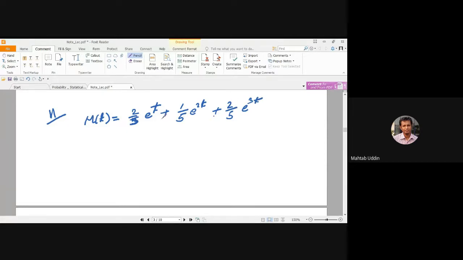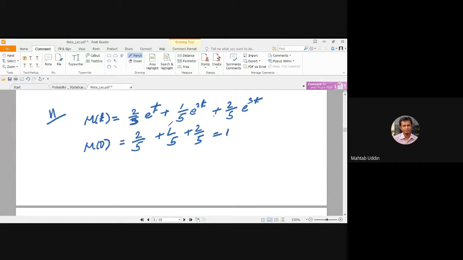First we'll check whether it is a moment generating function or not. So we'll check M of 0. If you take M of 0, 2 by 5 plus 1 by 5 plus 2 by 5, definitely 5 by 5, equal to 1. So this is a valid MGF.